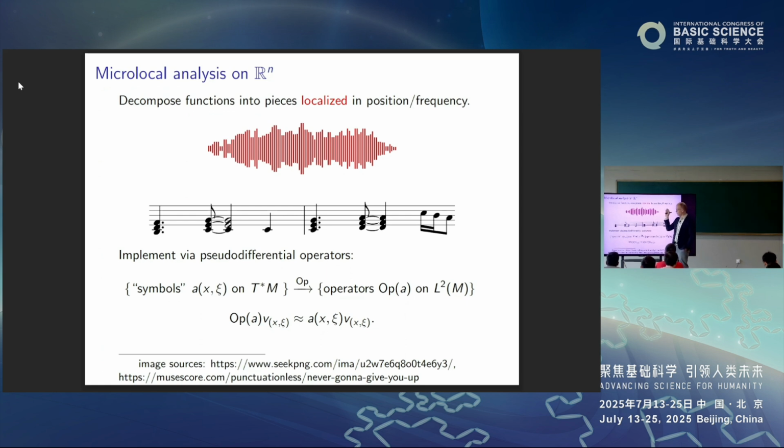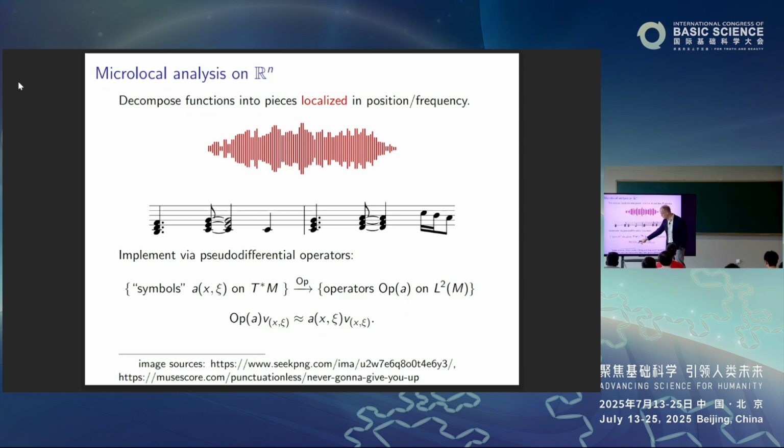For a one-dimensional manifold, the staff will have 2 dimensions. So it's a function that takes as input not just a position, but also a frequency that describes what note should be played. And you attach to any such function an operator that acts on L2, which you should think of as the space of audio files.